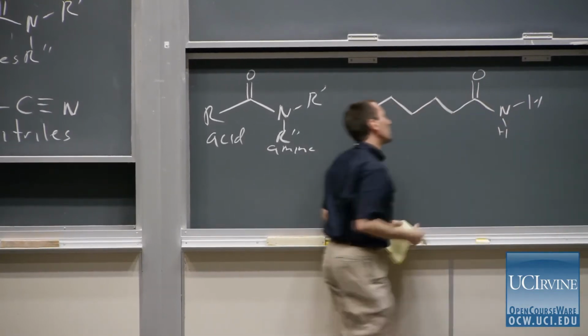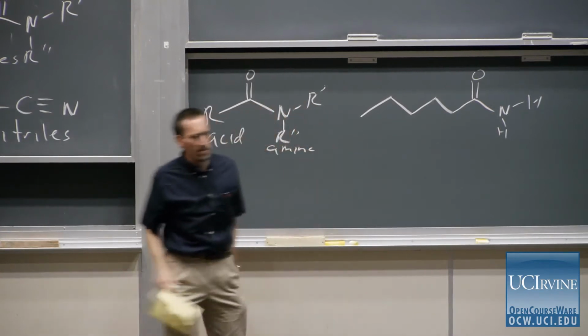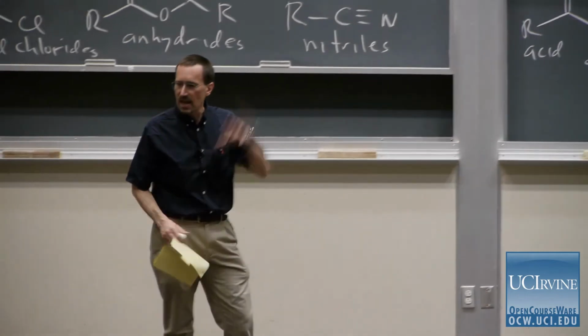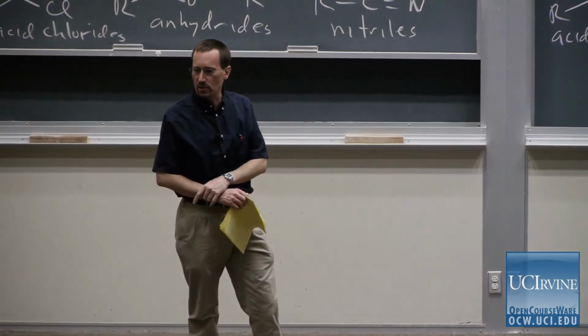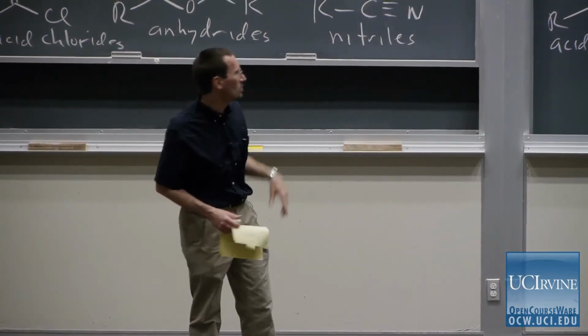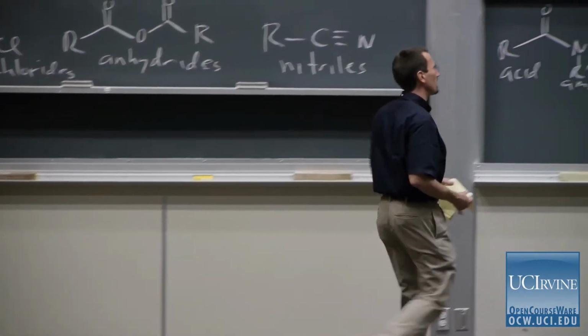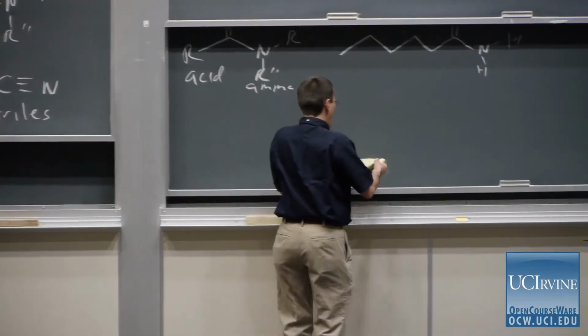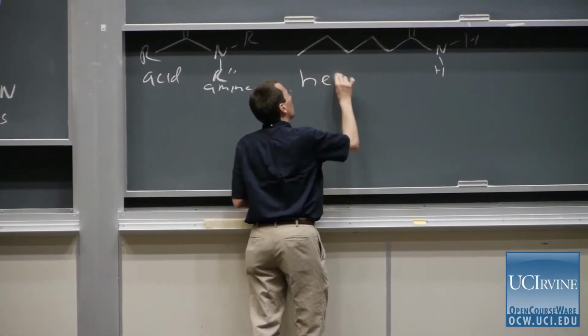In a way, you can think of this as being a parent compound in the sense that this is sort of the parent of any hexanoic acid-derived amide that would have a nitrogen on it, whether it had substituents or not. So we would call this hexanamide.